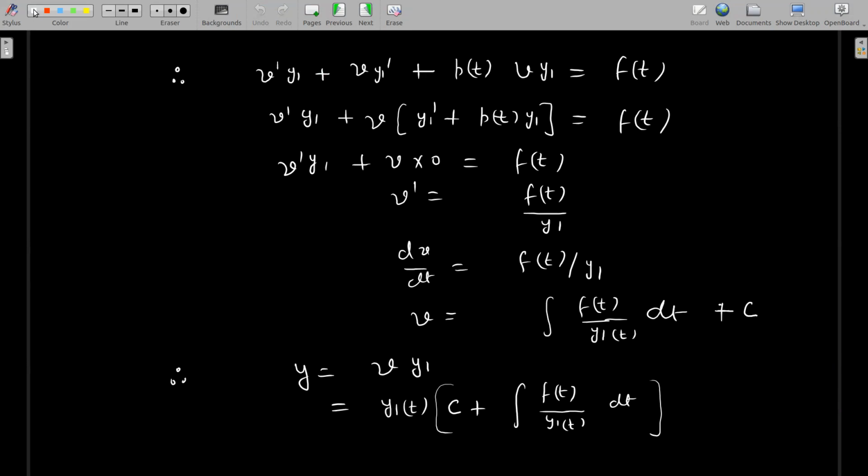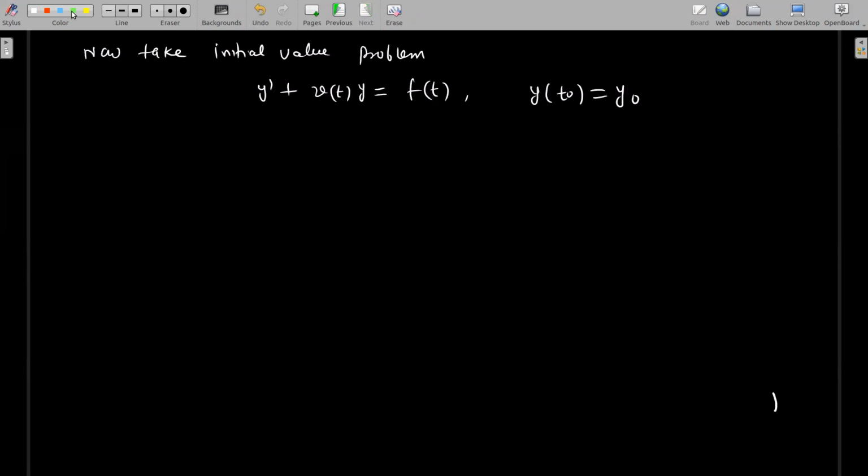You have solution formula which is given by 2. So, an initial value problem means you are starting with T naught. So T naught is starting point, and at T naught solution is Y naught, and then go further up to point T, and at T solution is YT.